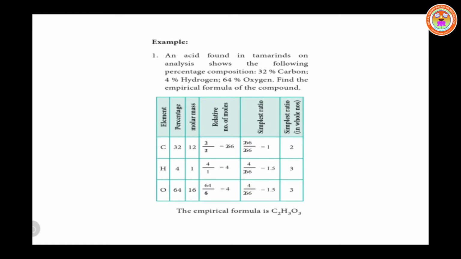Then next we have to calculate the simplest ratio. How do we calculate the simplest ratio? By dividing the relative number of moles by its lowest value.